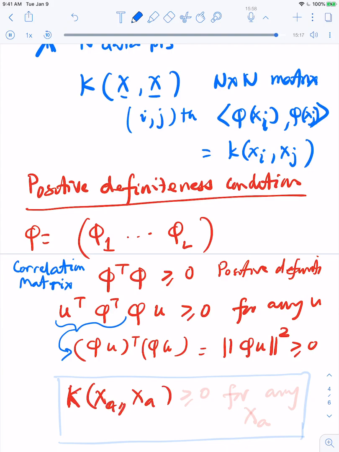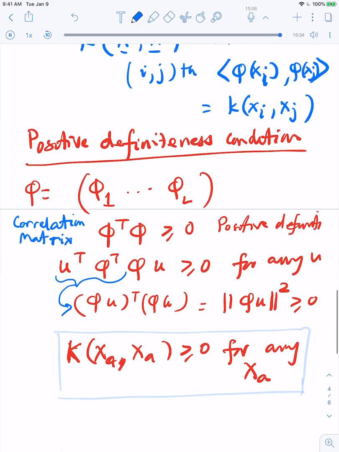Basically, I'm taking an inner product between feature vectors corresponding to the same set of data points, and this is the matrix. And what we need is that this should be positive definite for any choice of data points. That's what positive definiteness for a kernel means.